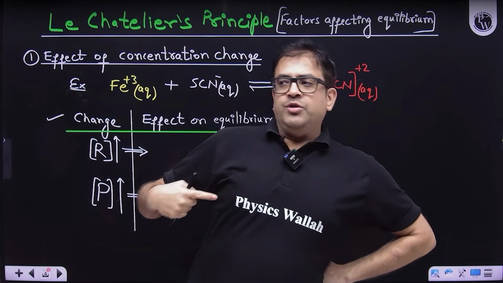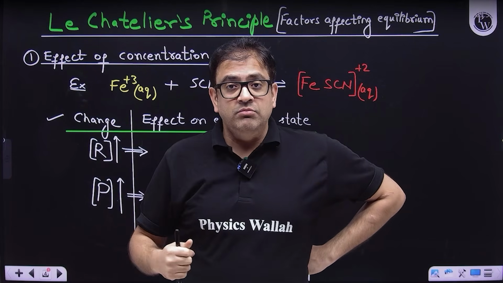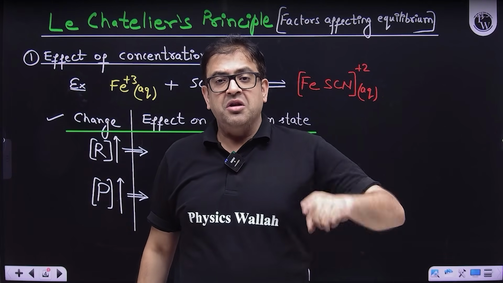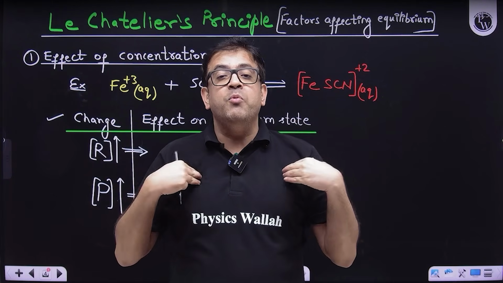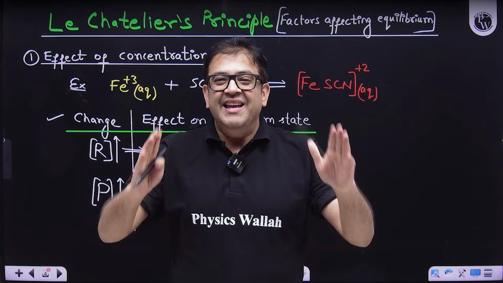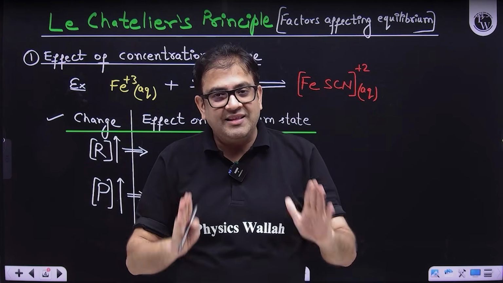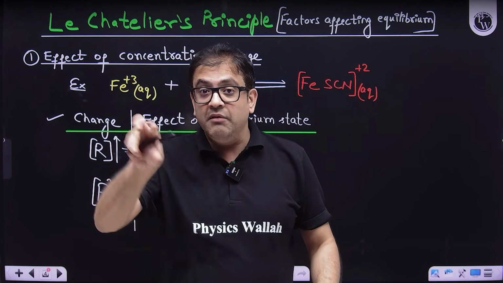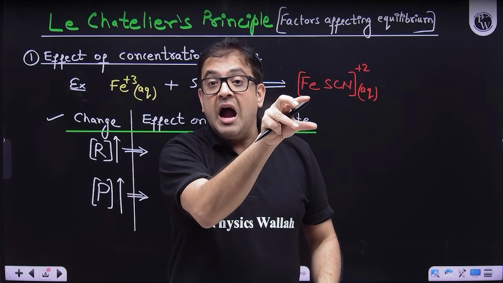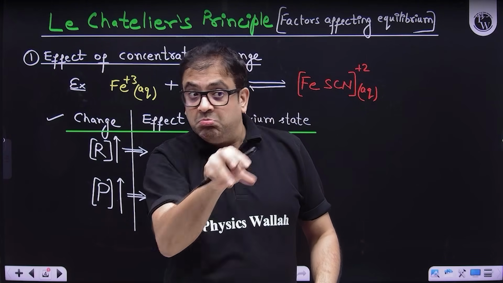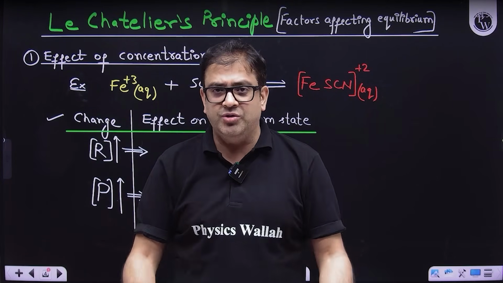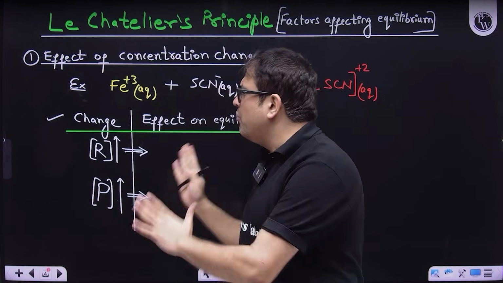If you try to disturb it, it will oppose all the changes that you are externally putting into it. Le Chatelier's principle is nothing but inertia. Whatever you do, the ball will get disturbed, and the ball will try to come back. In order to come back, it will oppose. Keeping that in mind, moving forward.